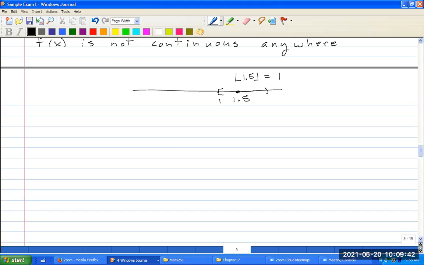Now, take an irrational number, but near, say, 1.5. So just take some irrational number near 1.5.